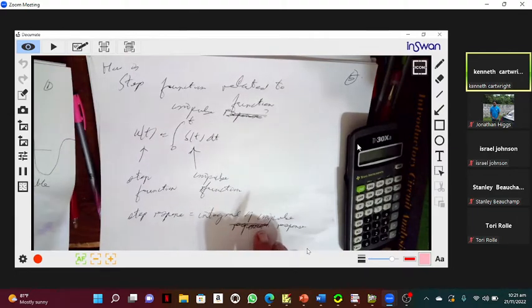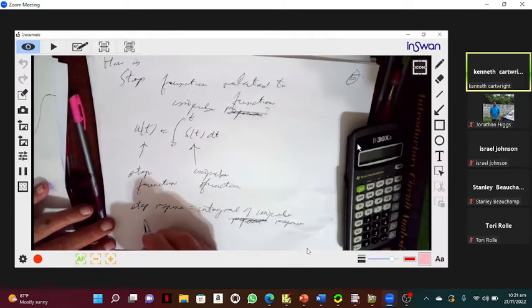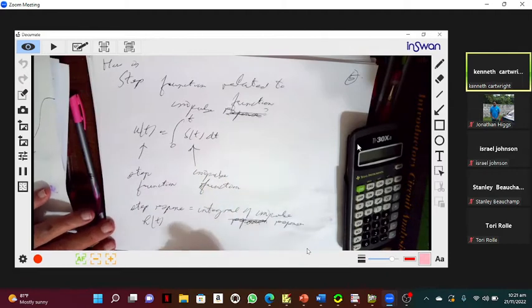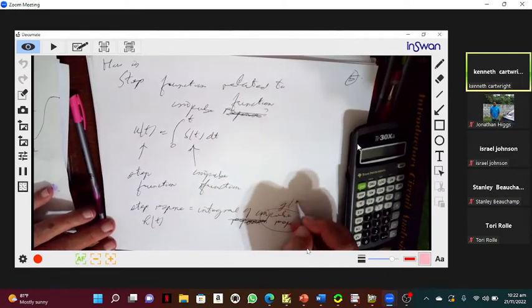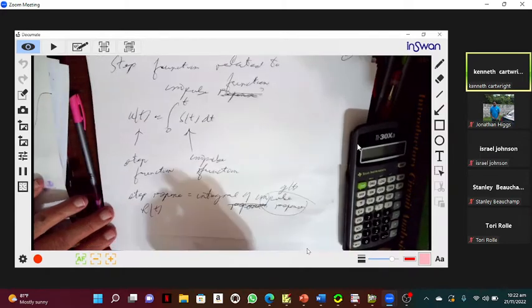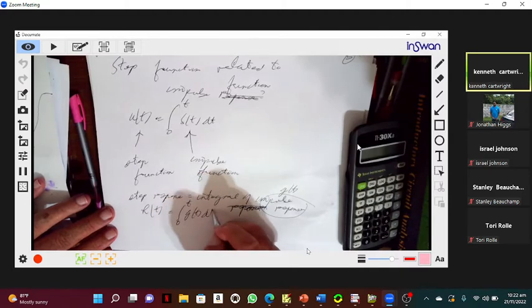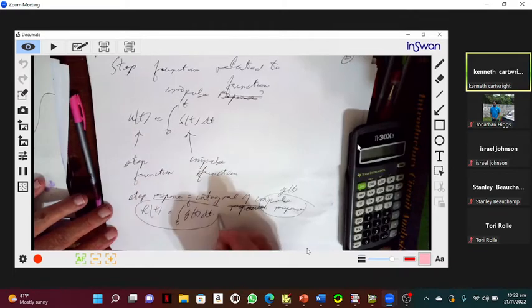And I think we call the step response h of t. And the impulse response, I think we call g of t. So we can write h of t is the integral from 0 to t of g of t dt.